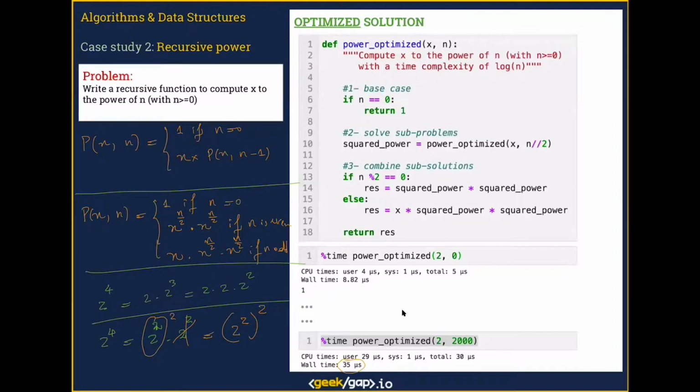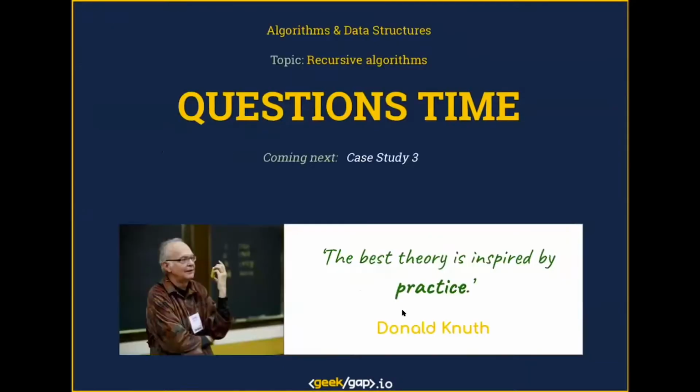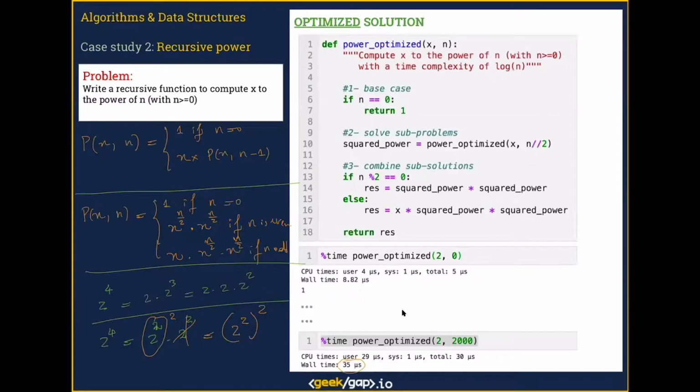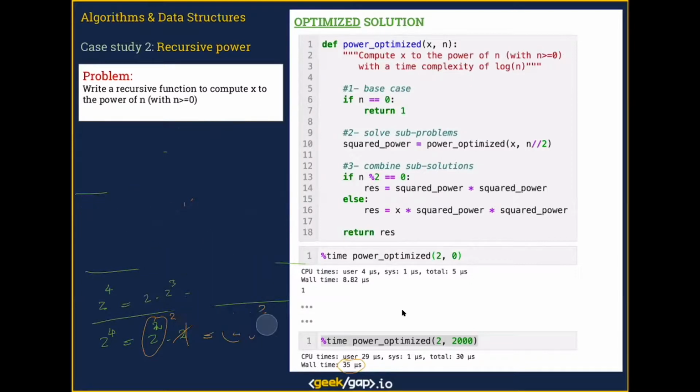Because this implementation is logarithmic, and let's see how. I should have added some space in order for us to draw, but let me do it somewhere here. Let's see why the time complexity is actually logarithmic. We have a problem, power of x, n, which is a variant of power of x, n divided by 2, right?